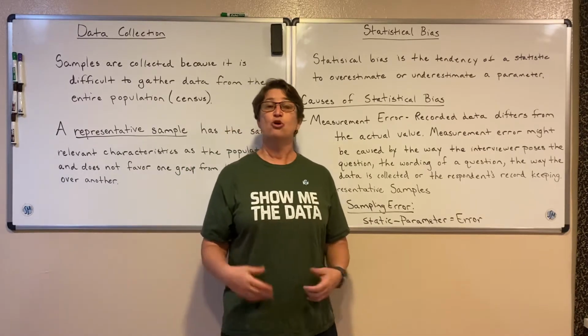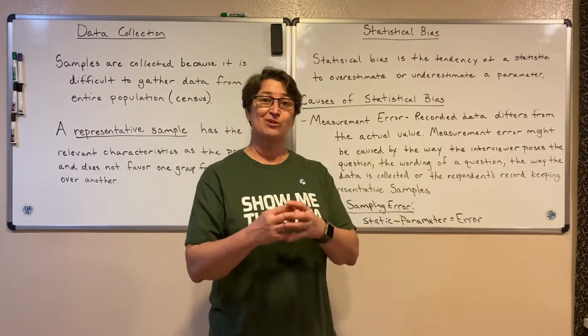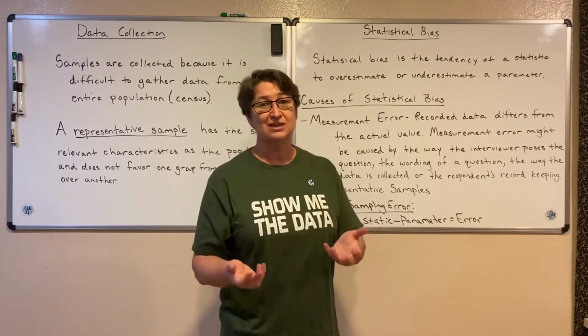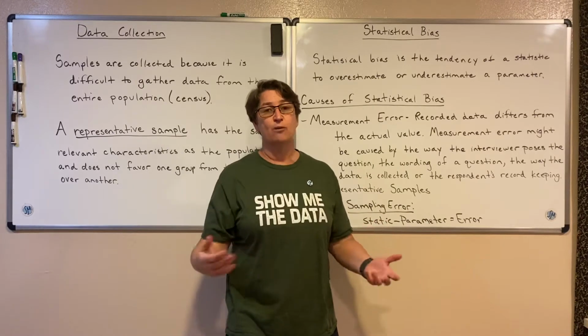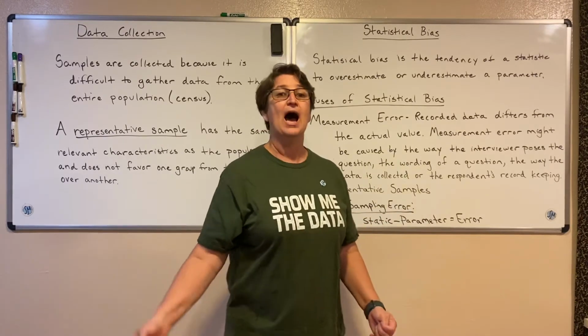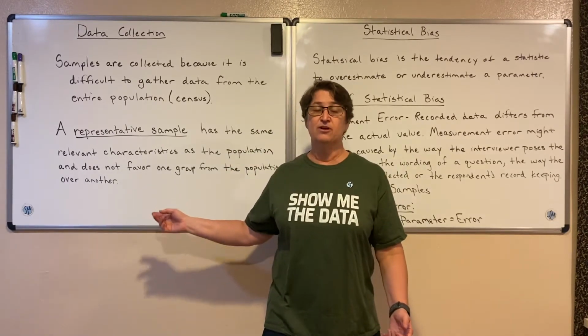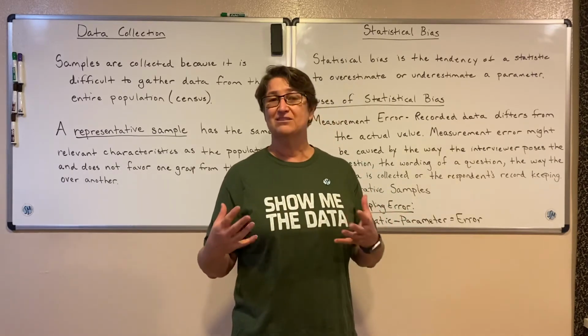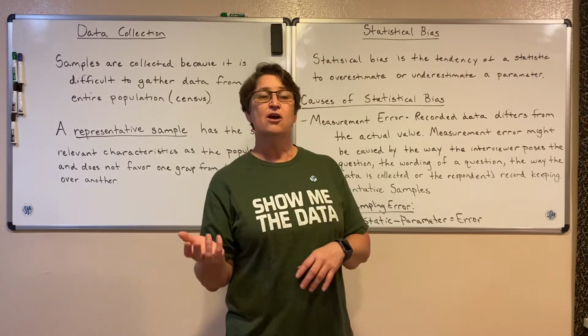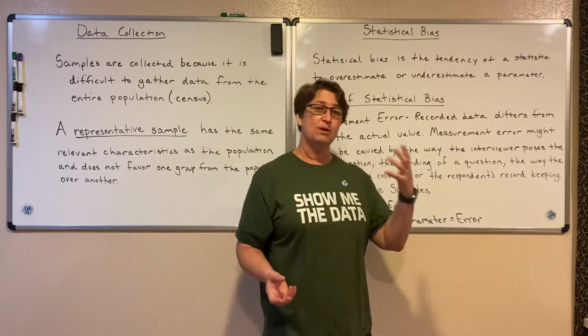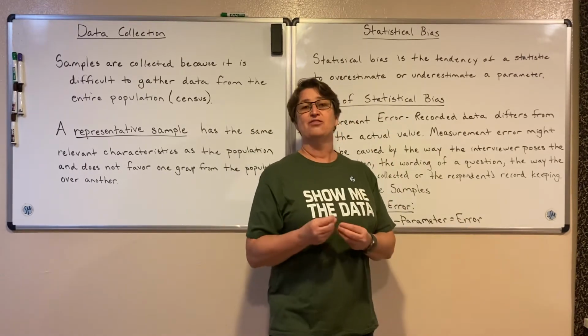In other words, when I collect data from a sample, there is a tendency for that sample to be a little different from the whole population. I want it to be representative, but it's not always exactly perfect. So there's some tendency for our statistic to be a little bit more or a little bit less than that entire parameter.